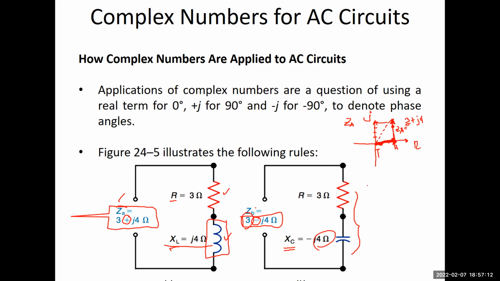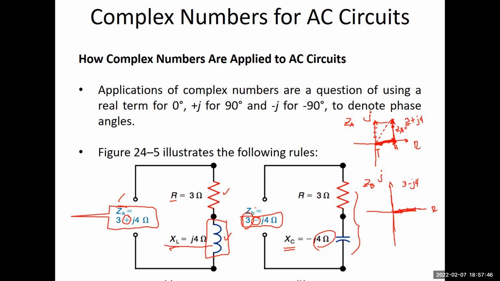So while Z sub B, or impedance B, when we plot this one, we have 3 minus j4. Again, our horizontal axis is our R, and this is our J, our vertical axis. So that means we will now have 3 units of R. So you draw an arrow going to the right.